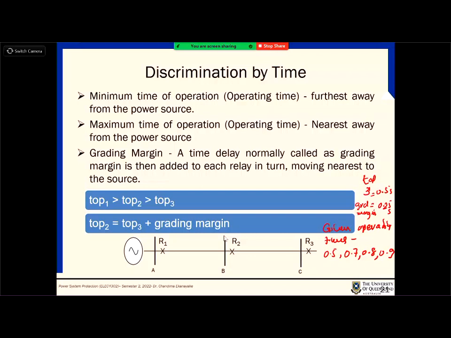That is smaller than 0.75. Yes. So why don't we want to go below that? Because we are not sure. We need at least 0.75 because the grading margin gives you the minimum difference that is required, right?